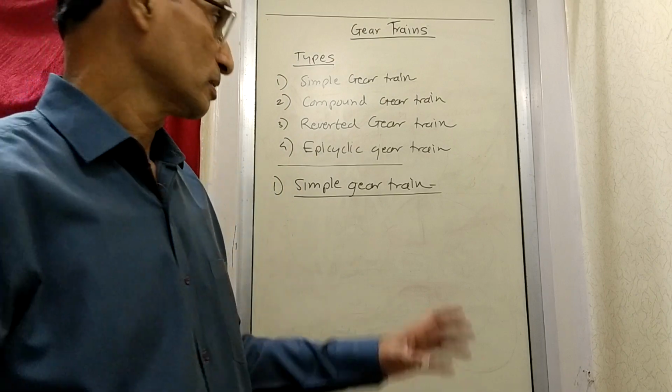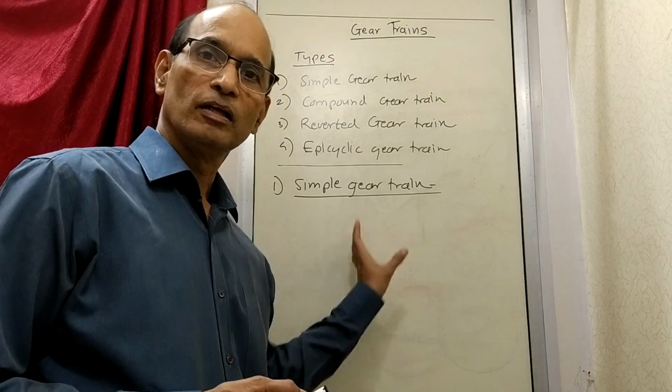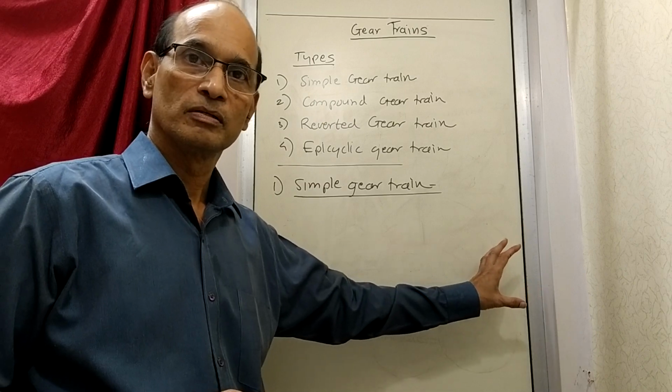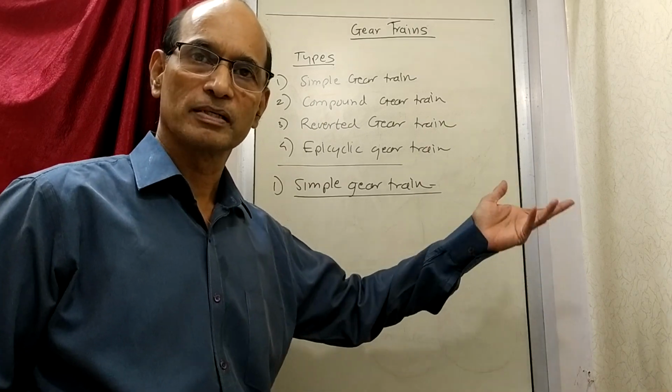So what it means? Suppose there are 5 gears involved, then there will be 5 axes. That is, number of axes and number of gears are same.